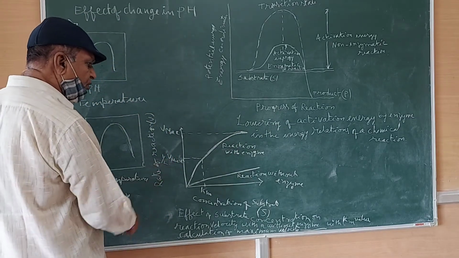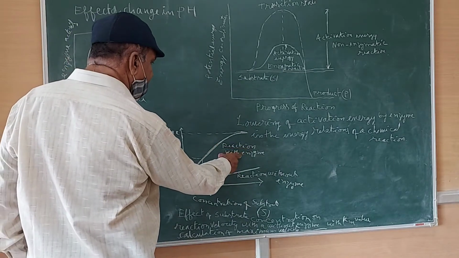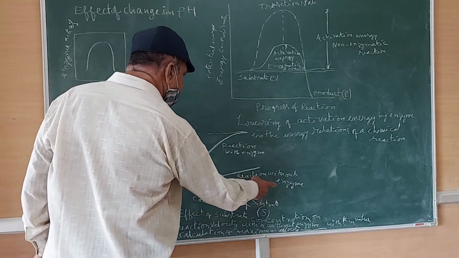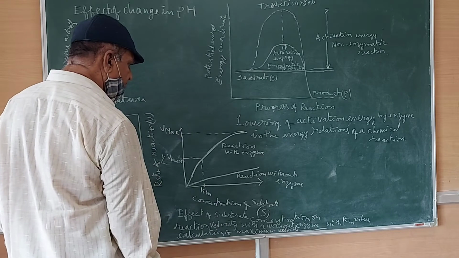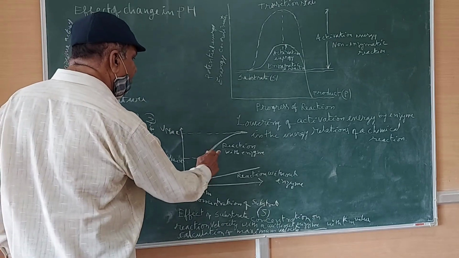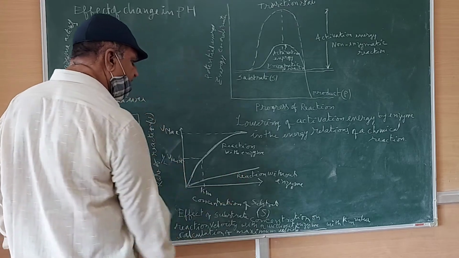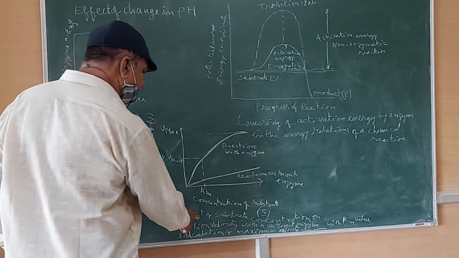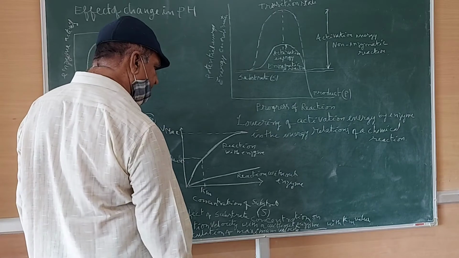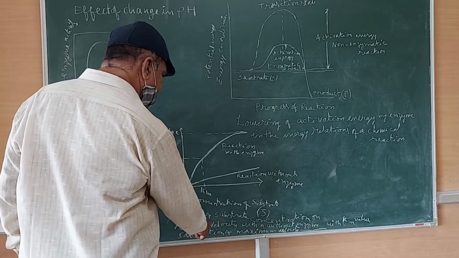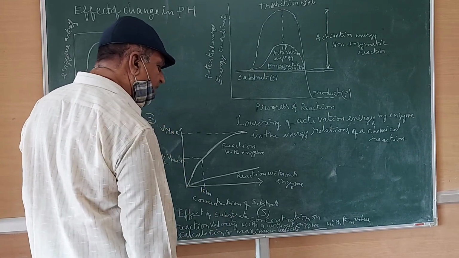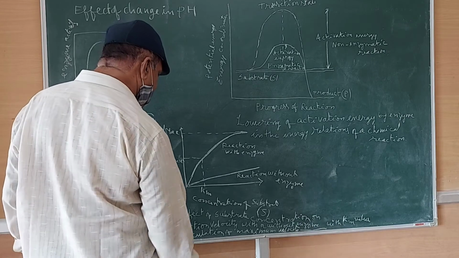This is half Vmax. A reaction with the enzyme, a reaction without enzyme. So the reaction is faster in the presence of enzyme and slower in the absence of enzyme. This shows the effect of substrate concentration on reaction velocity with or without the enzyme.